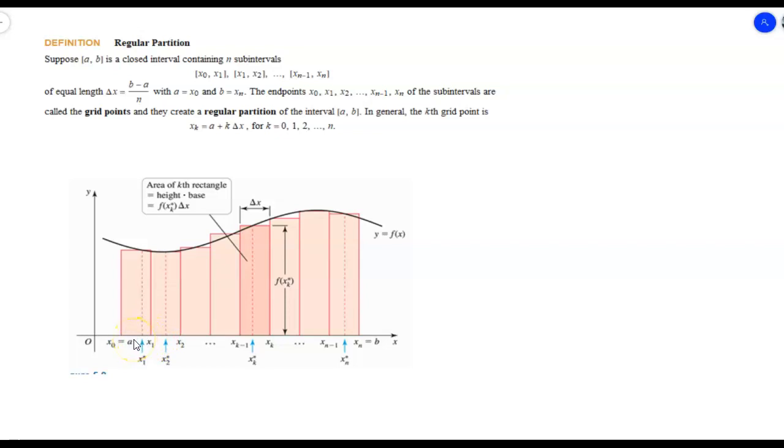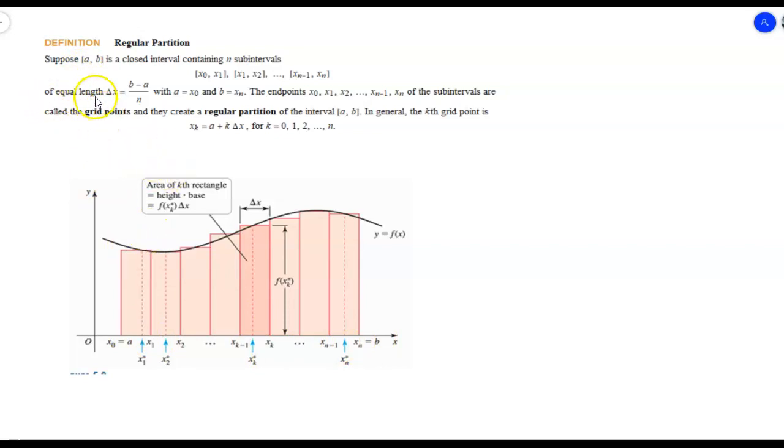Therefore, eventually, as the width of those rectangles approaches 0, we're going to get really, really thin rectangles, and all of this underestimated space and overestimated space is going to be gone, and we're going to end up getting the exact value of the area under the curve and between the two values that we picked in the interval there.